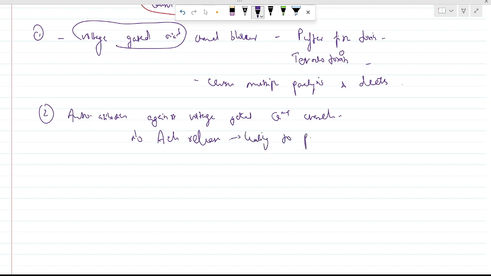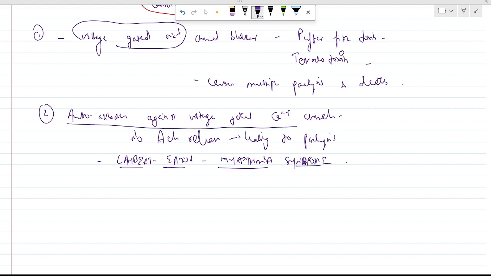When the muscle will not contract, it will ultimately lead to paralysis. This syndrome is called Lambert-Eaton myasthenia syndrome, in which autoantibodies act against the voltage gated calcium channels. So there is no acetylcholine release by exocytosis, leading to paralysis.